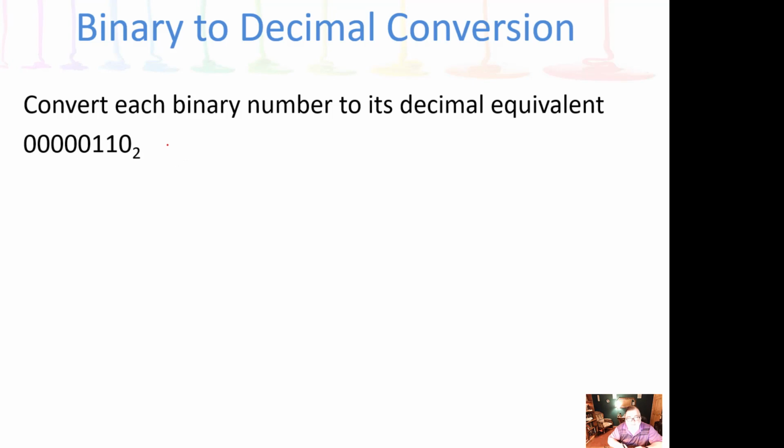So we got 1 times 2 squared, plus 1 times 2 to the 1, plus 0 times 2 to the 0. So 1 times 2 times 2, this is 1 times 4, plus 1 times 2, plus 0.